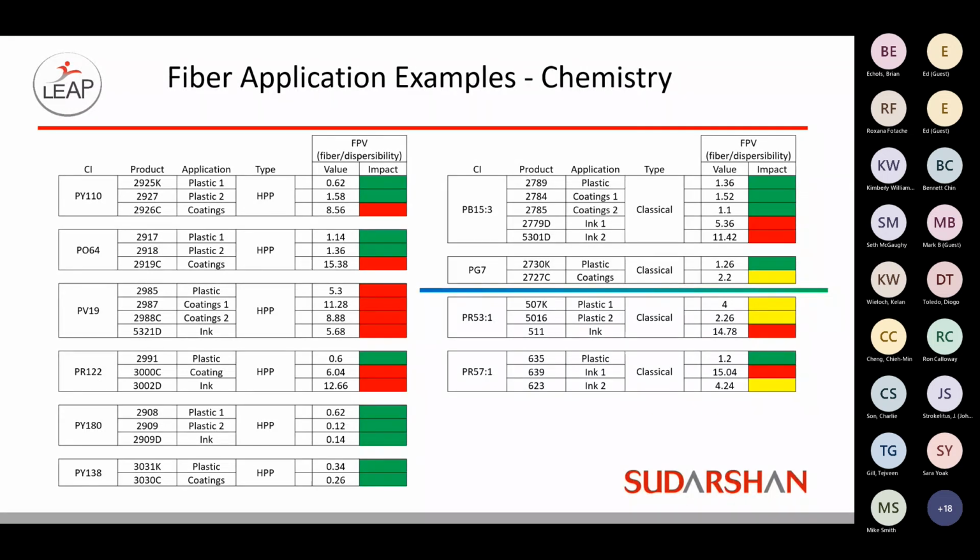Whereas the rest of the chemistries in the high performance area do have products available that will be appropriate for fiber. In the classical sense, there are, in these particular examples, of course, fewer options, and in the blues and greens, we do have options for fiber applications.